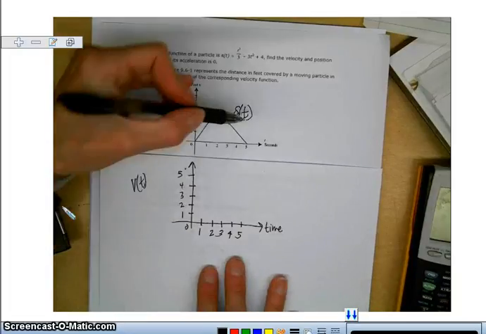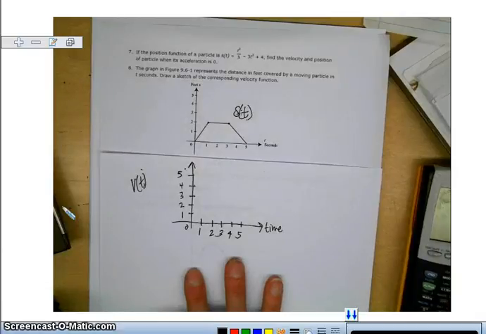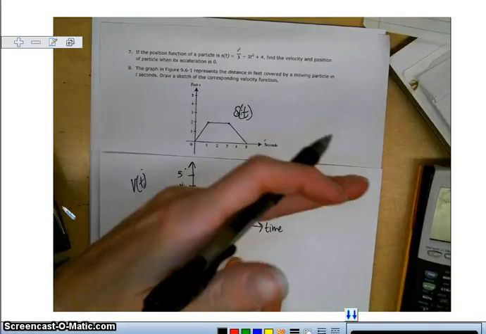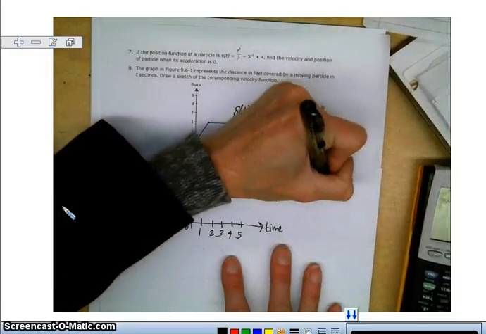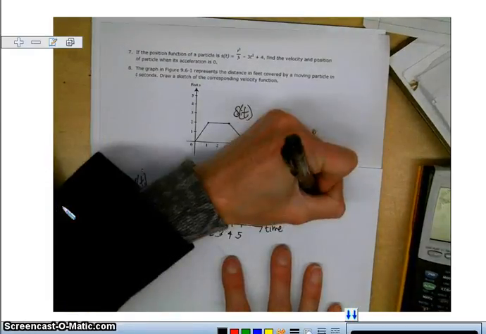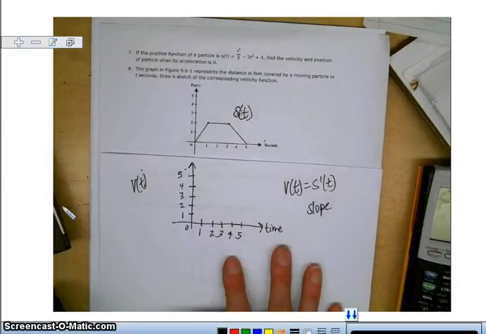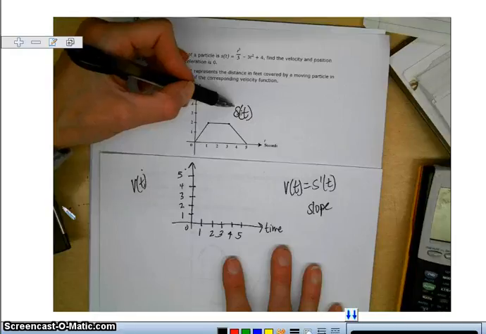So how is velocity related to position? It's the slope. Isn't it the derivative? Isn't velocity equal to the derivative of position? Isn't derivative the slope? So basically, here's how easy it is to draw the graph of velocity. If I remember, velocity is the derivative or slope of position.